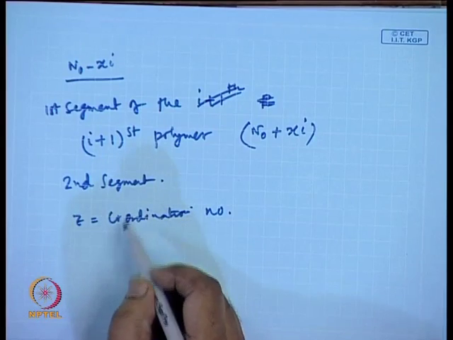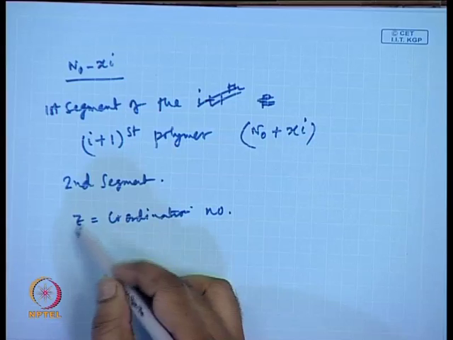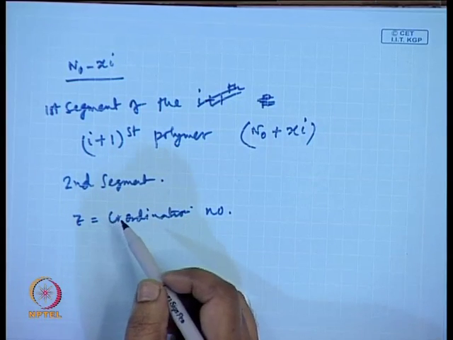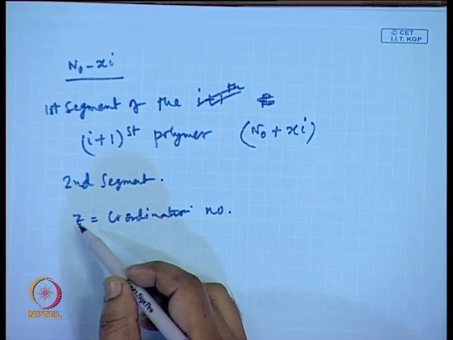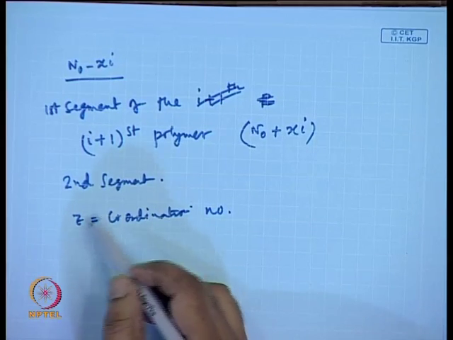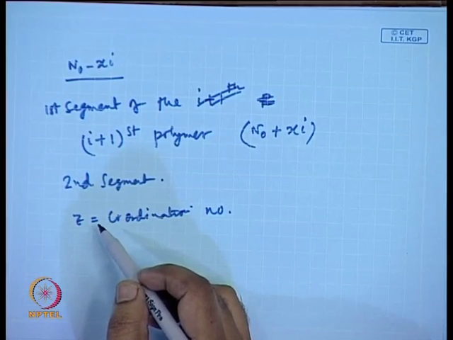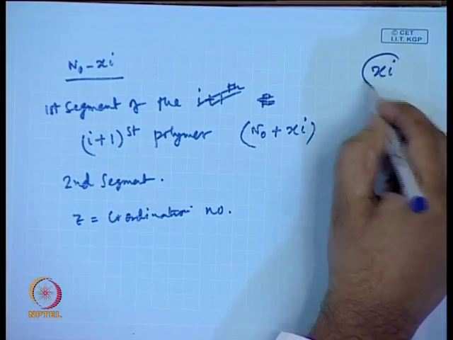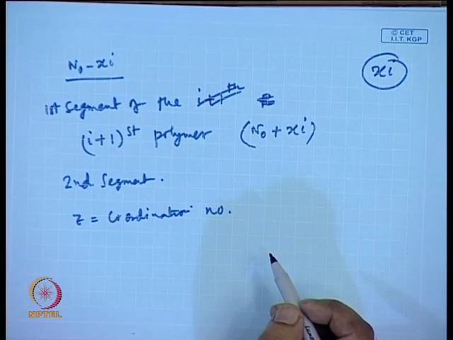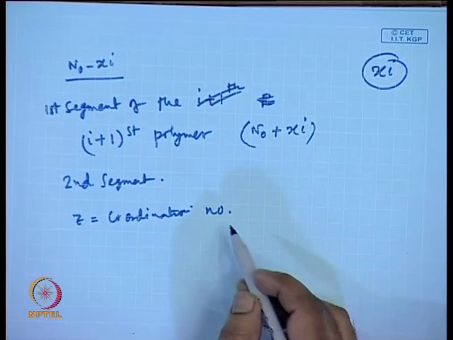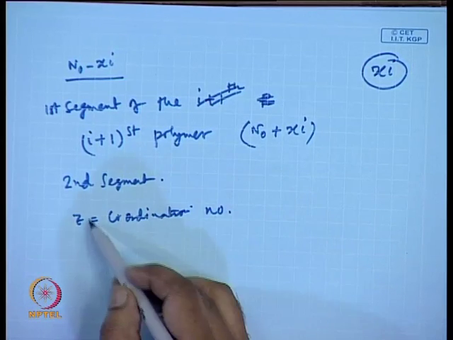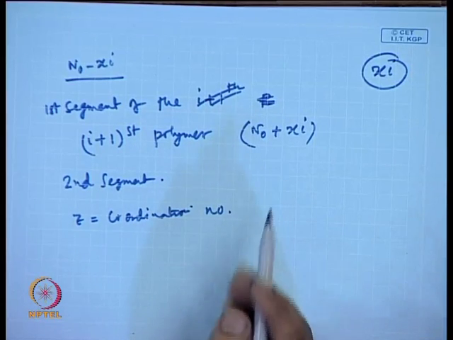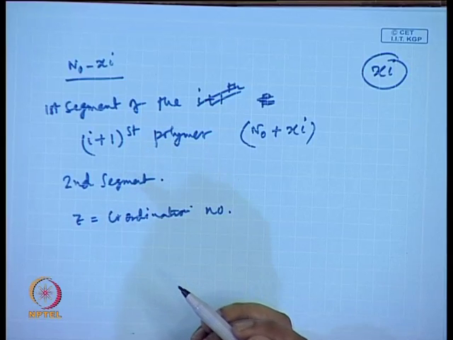So, the second segment can be placed in any of these Z cells. Now, what is the chance that all the Z cells are vacant? Remember, the lattice already has x I number of blocked cells. So, it is not that all these Z cells will be free for the second segment to go in.